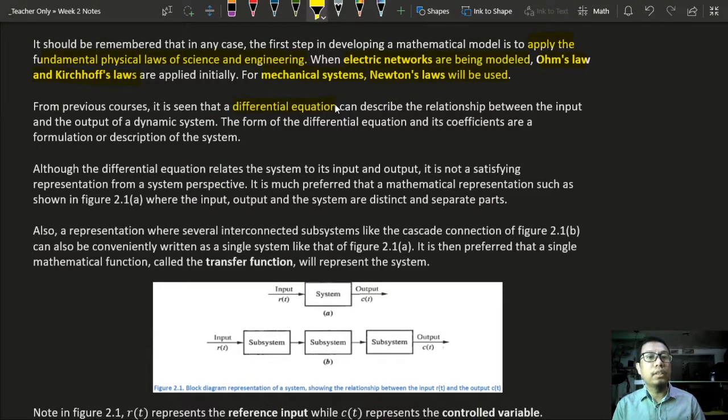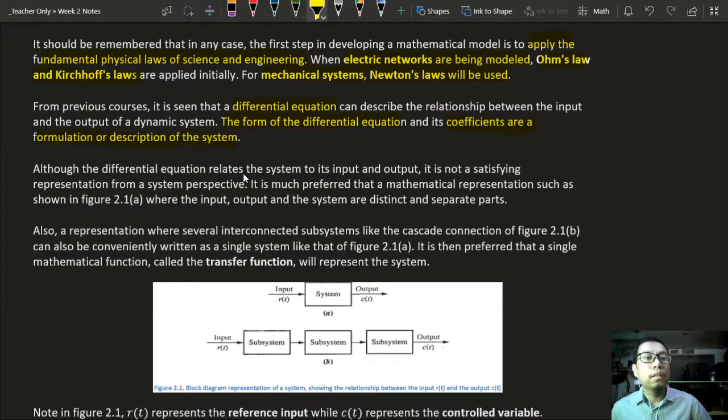For a dynamic system, ang lalaglagan niya ng mathematical model is basically a differential equation. Now, the form of the differential equation, okay, and its coefficients are a formulation or description of the system. So, basically, yung system mo ang mag-determine kung ano ang order ng equation mo at yung coefficients niya, okay, nakadepende rin doon sa mismong system mo.